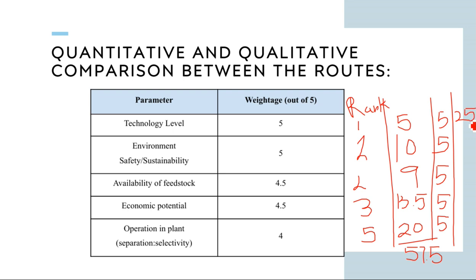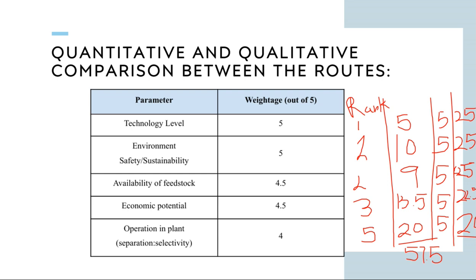I am doing this calculation to show you what the maximum score for a method is. 5 into 4.5 is 22.5. And 5 into 4 is 20. So you will have the highest score of any process. 25 plus 25 is 50.